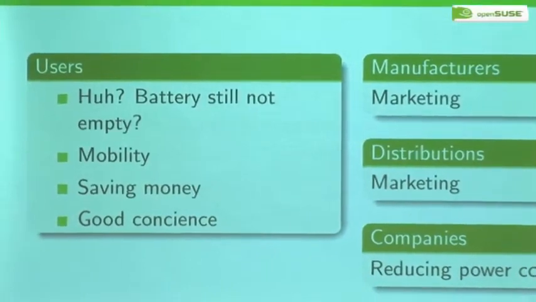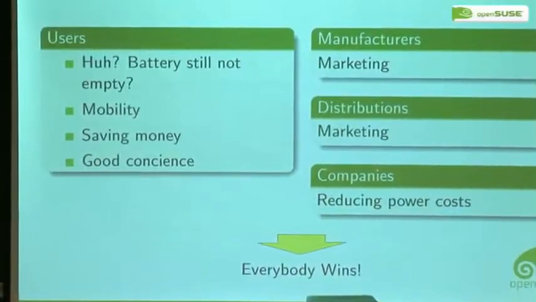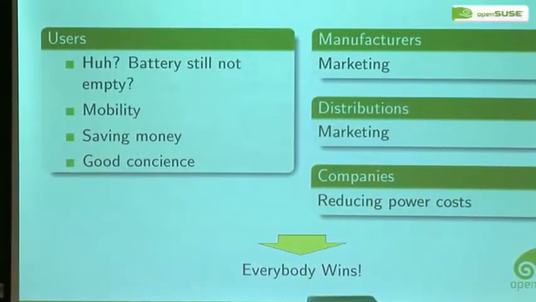And of course, companies can reduce the power costs because they have to maintain a lot of systems. So at first glance, something like Energy Star is good for everyone.